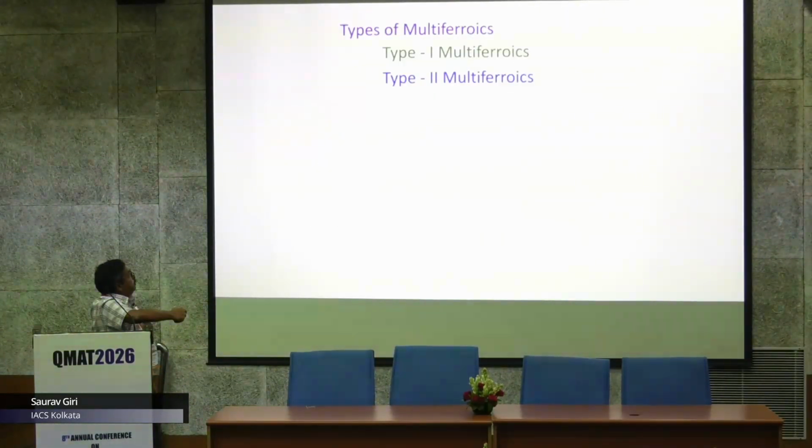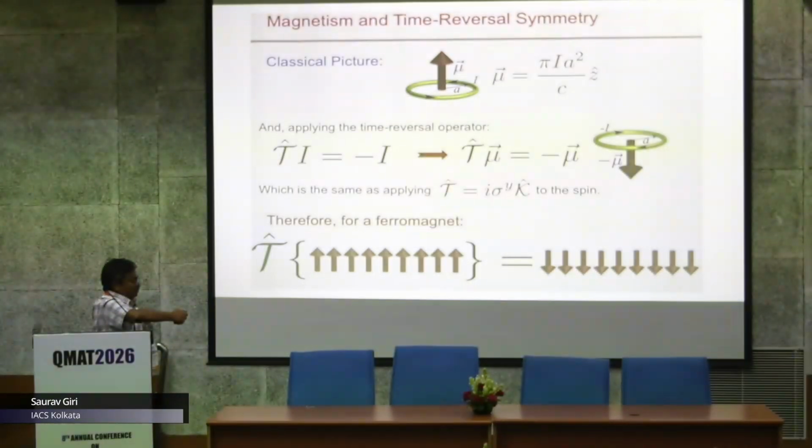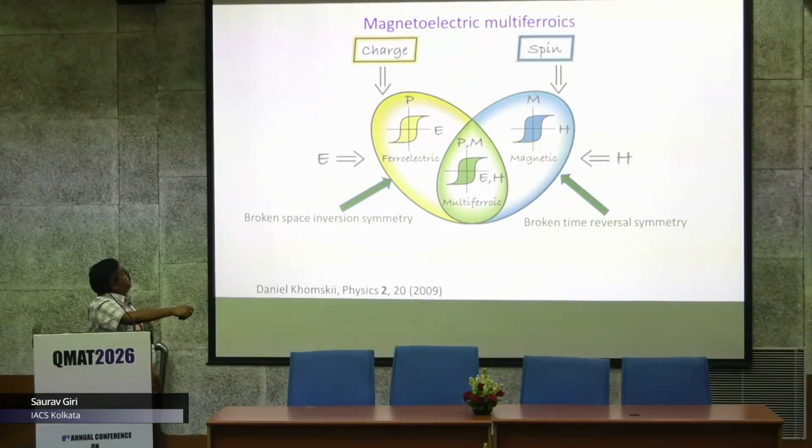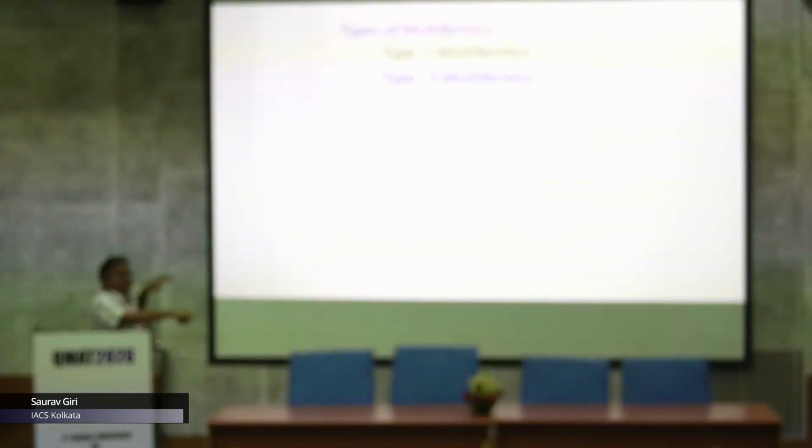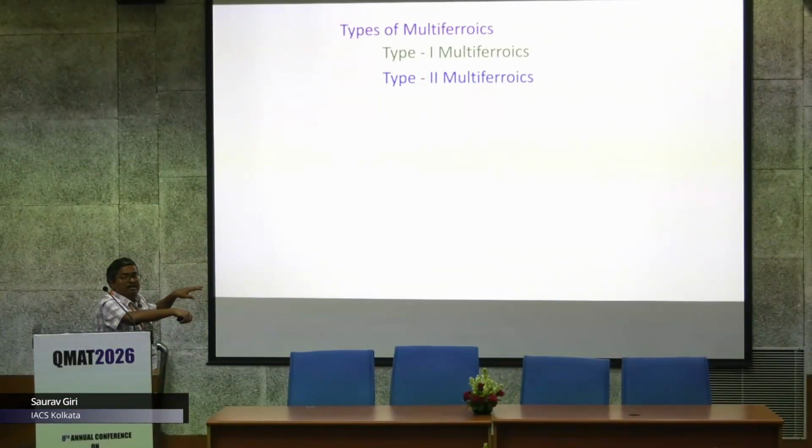Now if we find that both ferroelectricity and a magnetic order coexist, those materials are called multiferroic materials, and those are very rare materials where space inversion symmetry and time reversal symmetry are both broken. I will talk on this subject. In these multiferroics, ferroelectricity meets with magnetism.